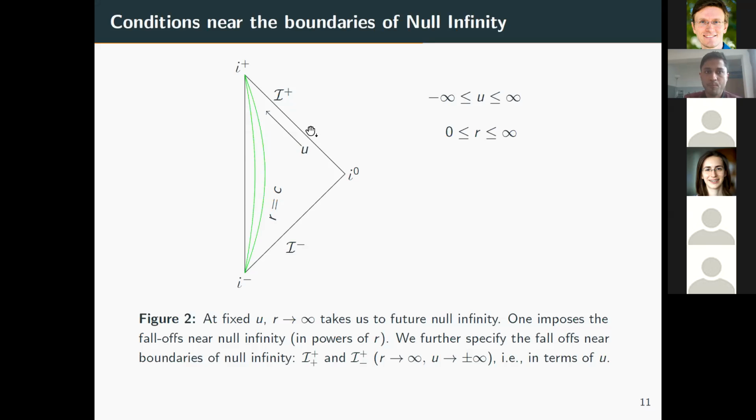Boundary conditions are specified as fall-offs in this radial coordinate. What we do is that we also specify some fall-offs in the retarded time u, which parameterizes future null infinity. So we specify the fall-offs in u at very large values of u, that is near the future of future null infinity and the past of future null infinity, which are called scri plus plus and scri plus minus respectively.